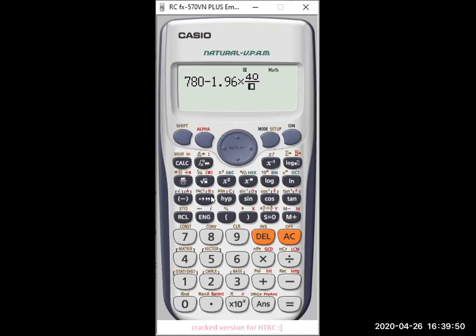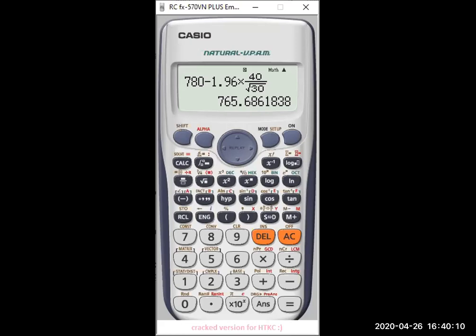I mistakenly did not use the square root. Now I'm going to use the square root, which is equal to 765.69. This is the lower limit of the estimated interval.